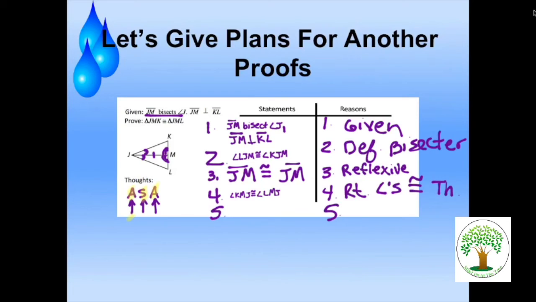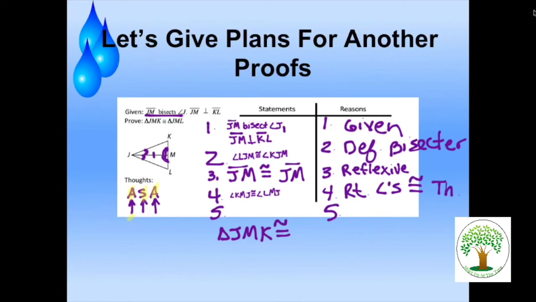We are now ready to write the last step. Triangle JMK is congruent to triangle JML. Does it matter if the order is the same as in the proving?